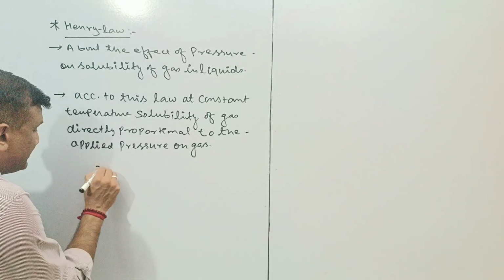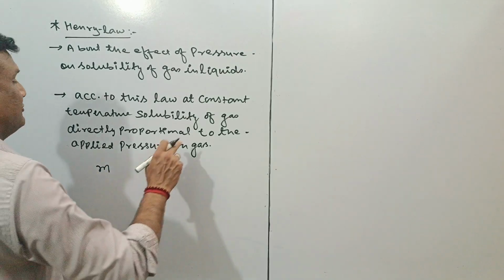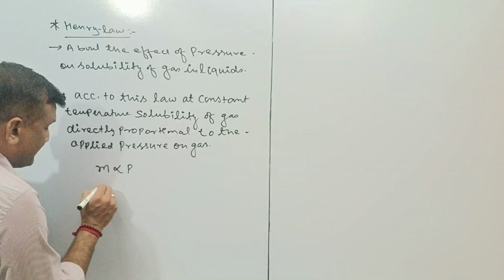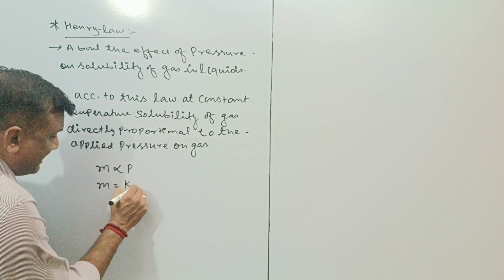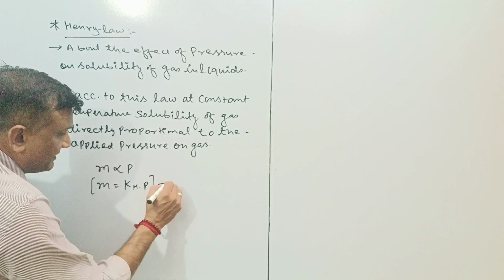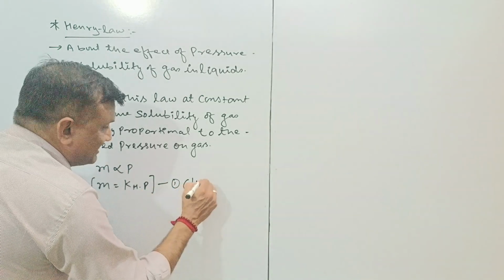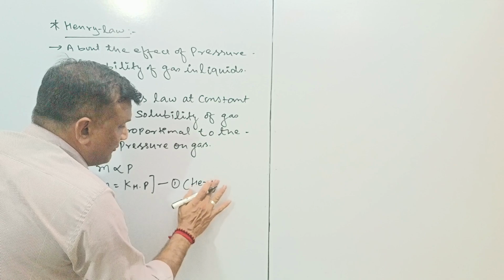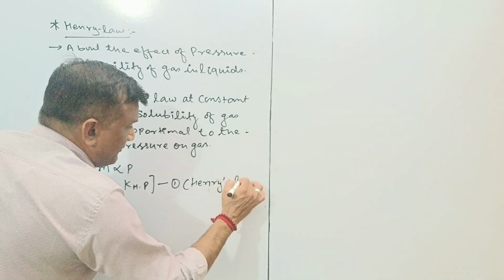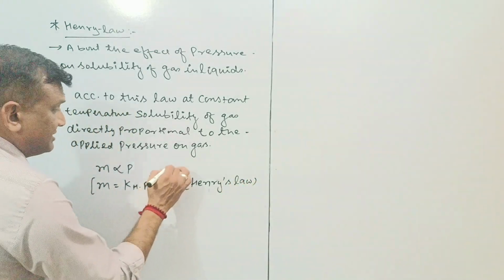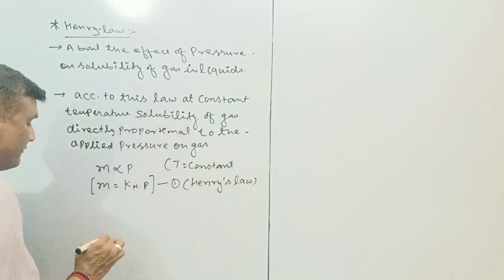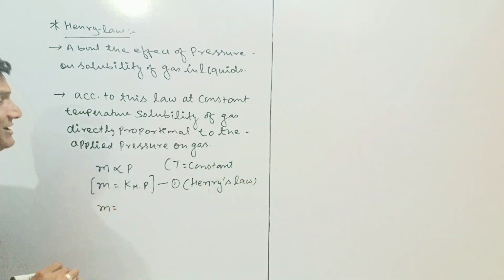If we go with the solubility of gas, then the amount of gas is M and the applied pressure is P, so M equals KH into P. This is equation number 1 and this is known as Henry's law. For this, temperature T should be constant. What is M?